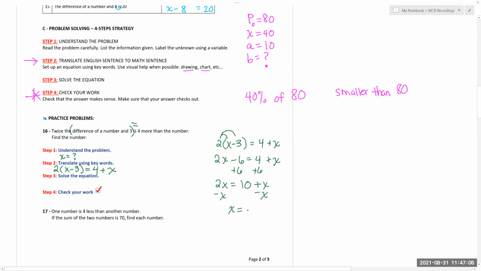So I get x is 10. And then for my check step: twice the difference of a number and 3 is 4 more than the number. 2 times 7 is 14. So it works. Makes sense. I've checked my answer. I like it.